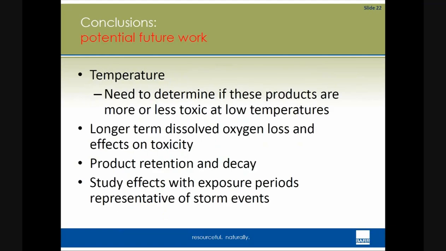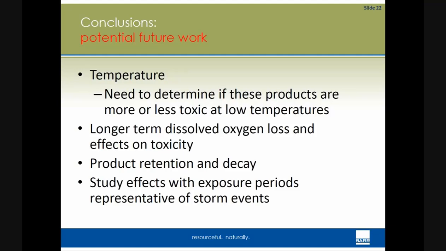Like I mentioned before, the study was done at 25 degrees Celsius, which clearly is not what happens in the natural environment during a storm event of snow. And the toxicological effects may be enhanced or reduced at lower temperatures. I'm not sure. For some chemicals, they are more toxic at low temperatures, but it's possible that the lower temperatures may also reduce the apparent toxicity.